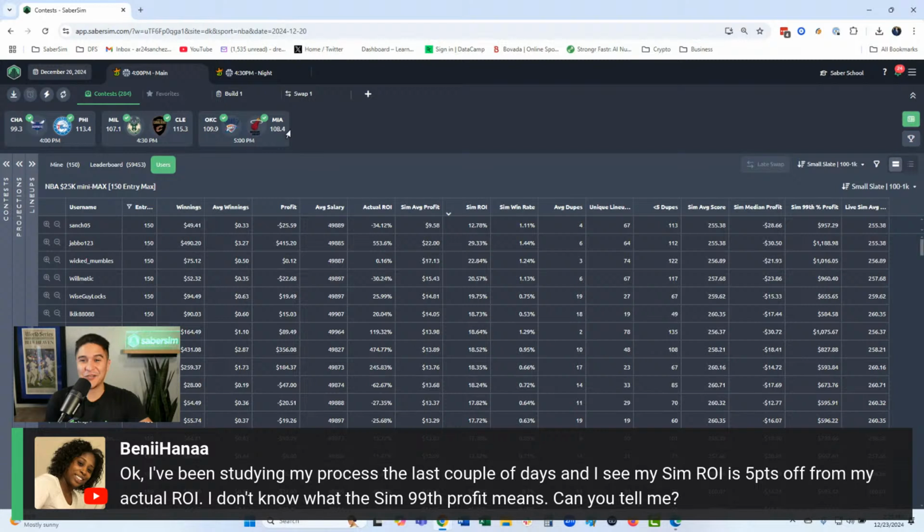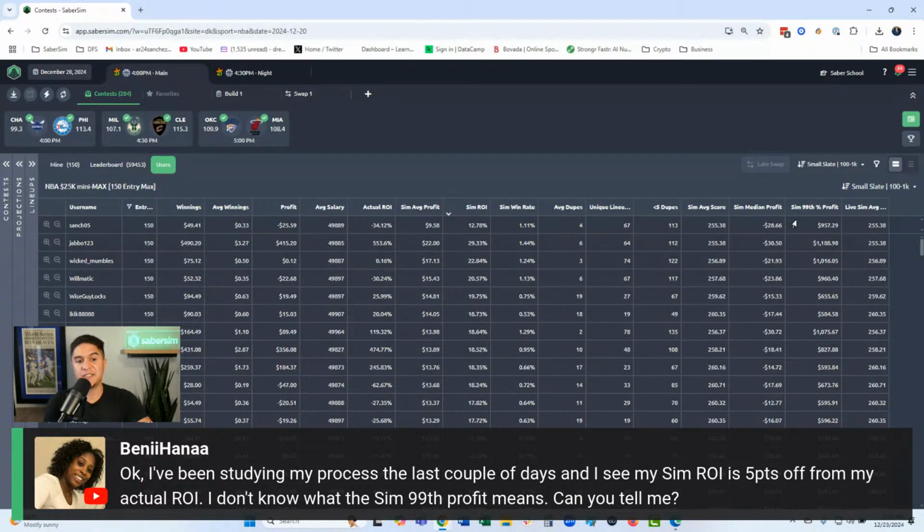Your actual ROI gets so skewed by random things happening: injuries, guys getting ejected, guys performing badly. There's a number of different reasons. That's why we recommend you look at your sim ROI. Okay, yeah, I had a negative 34% ROI day. Does that mean I should throw everything out and start over? That's kind of what we want you to avoid, right?